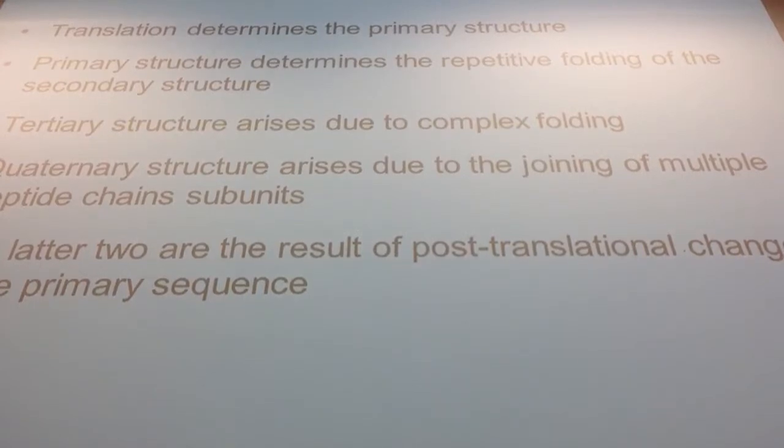But again, the two organized secondary structures are the alpha helix and beta-pleated sheets. Tertiary structure is when you take the primary structure into secondary structure and then further fold it into a condensed polypeptide.